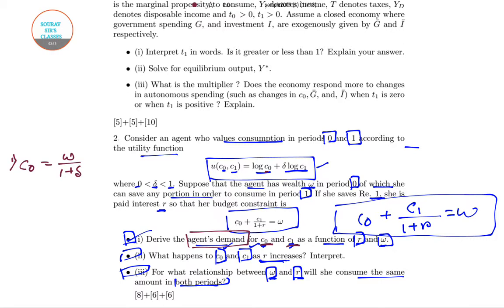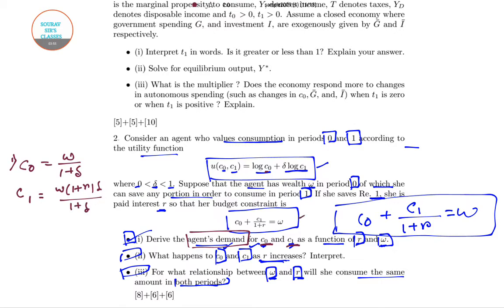So how do we find it? From here, the agent's demand function will be C0 = W/(1+delta), and the next one, the demand function of C1, will be W(1+r)delta/(1+delta).